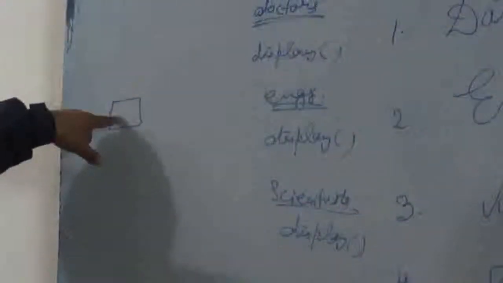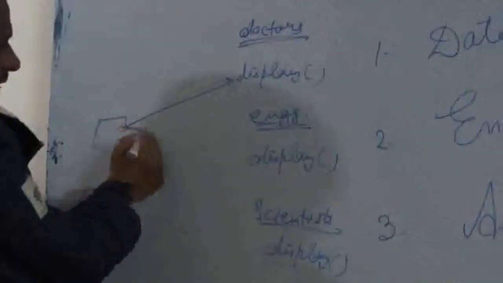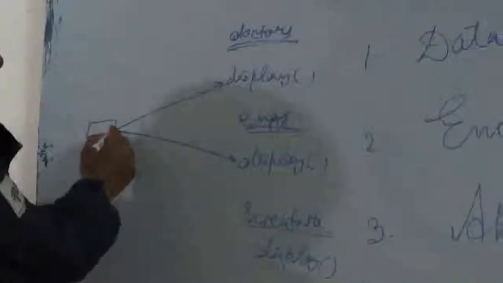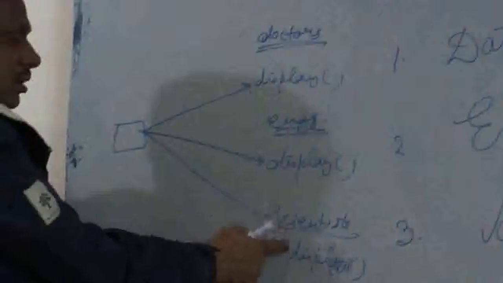What I can do is take one particular pointer to object, and at one point of time it can call the member function display of the doctor's class. At any other point of time it can call the display member function of the class engineer. The same call will call the display function of the scientist class.